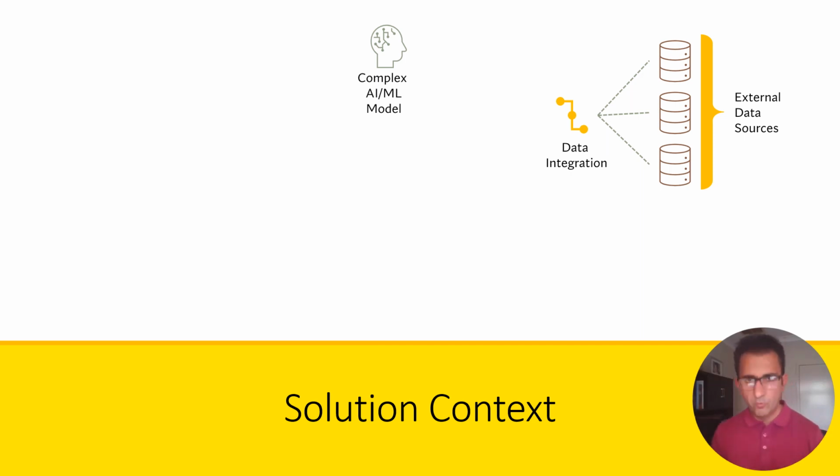But for the sake of our conversation, the details of this model are not important. What's important is the complex model, and it plays a significant role in the overall solution landscape.